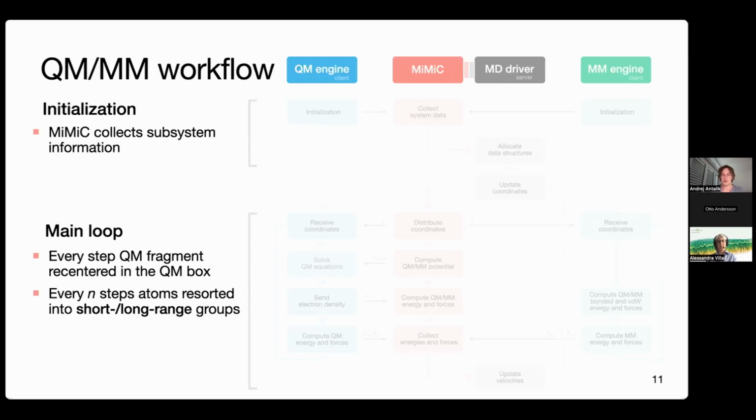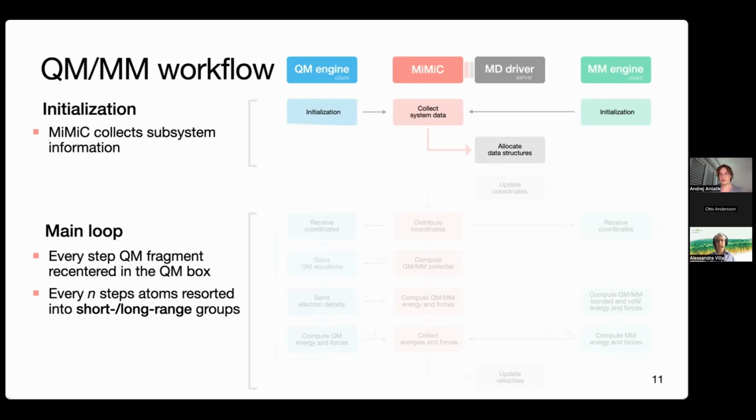It only has information about how you'd like to perform the MD part of your simulation. So in the first step, MiMiC collects data from these external programs and uses this information to allocate data structures in the MD driver.